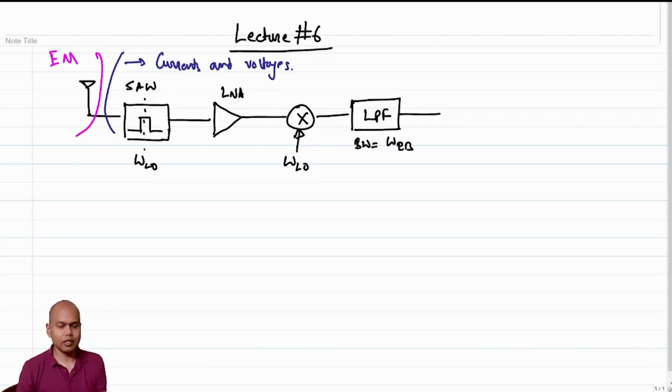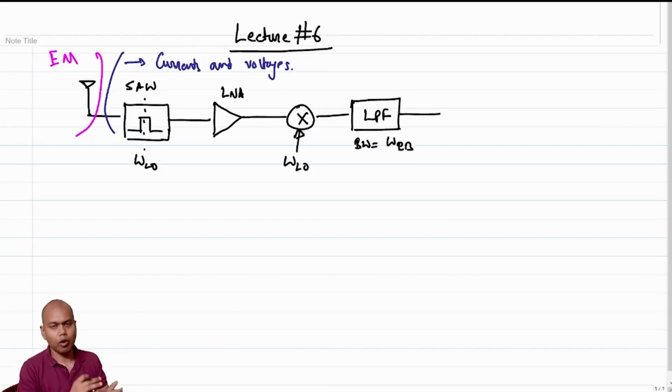So the antenna is nothing but it takes the EM wave and converts it into currents and voltages, and vice versa, right? So it takes the EM and converts it into currents and voltages in a receiver. If you are thinking of a transmitter, then it takes the currents and voltages and transforms them into electromagnetic waves. This is not a course where we are talking about antennas.